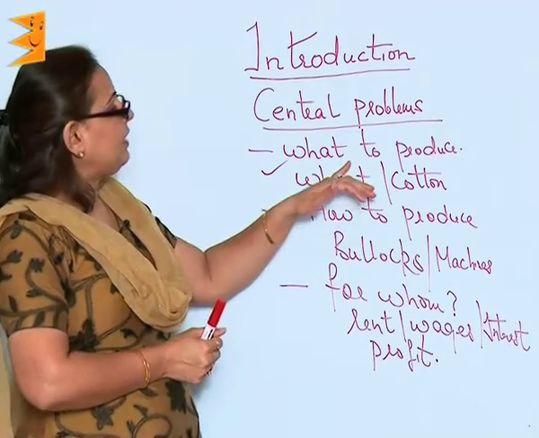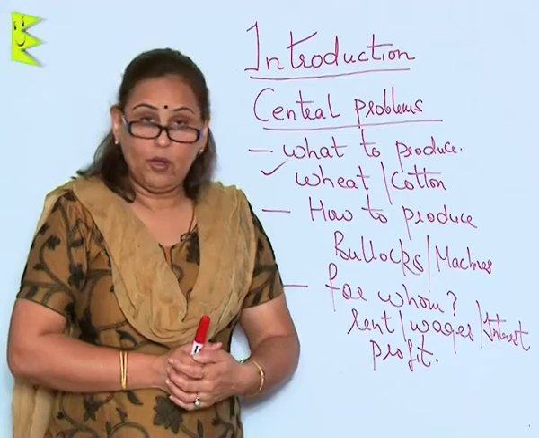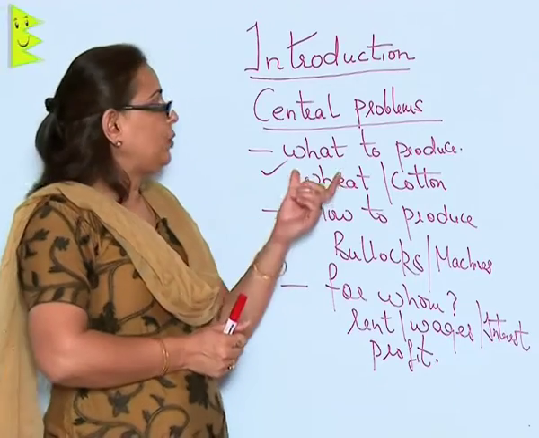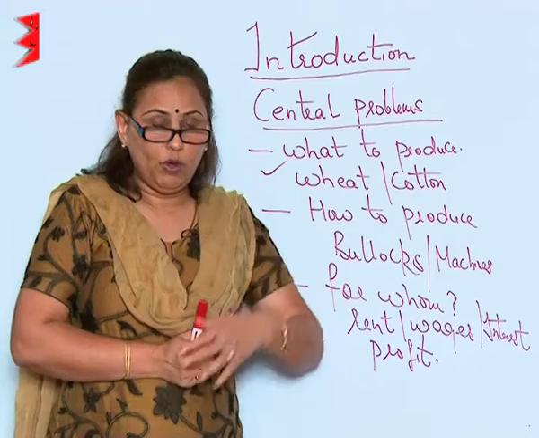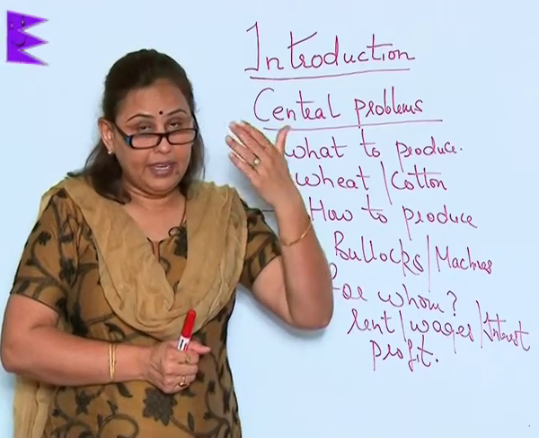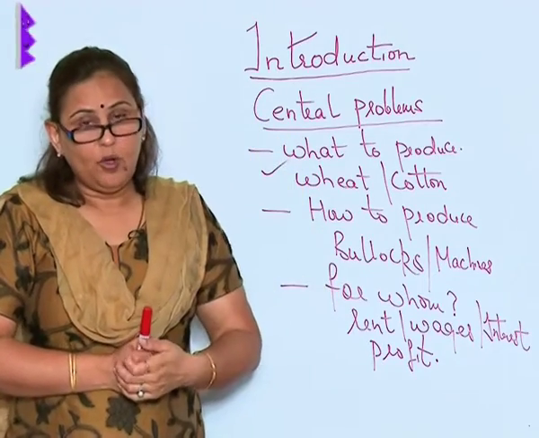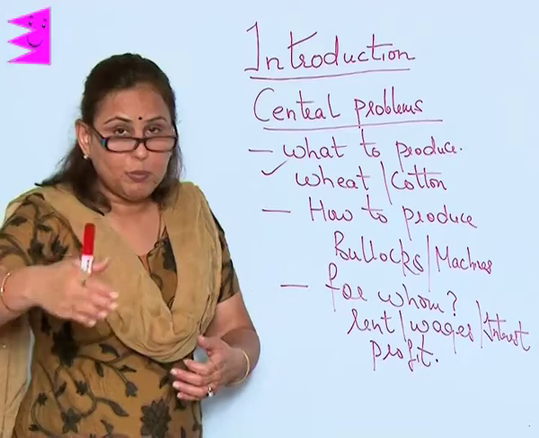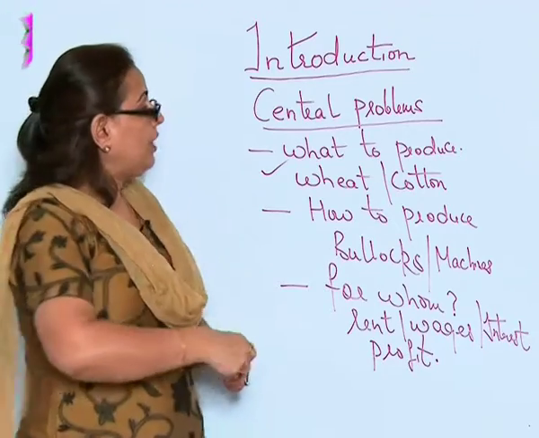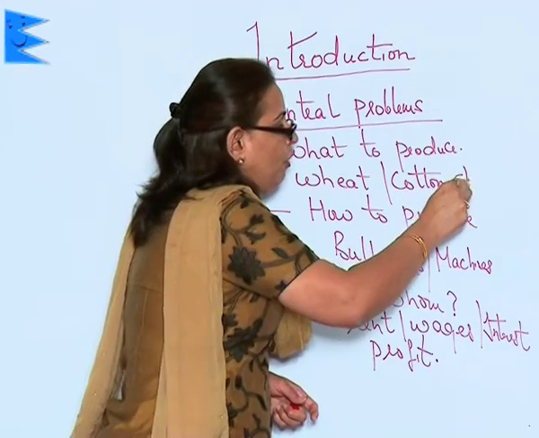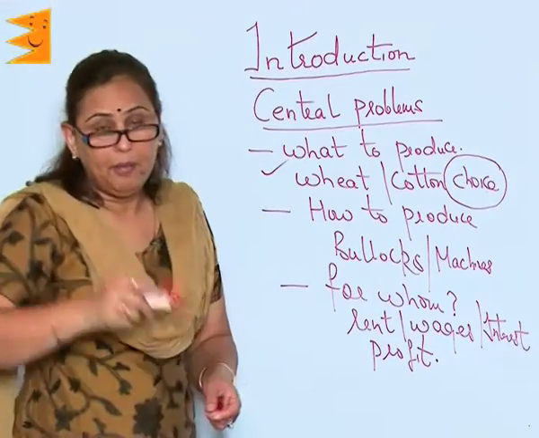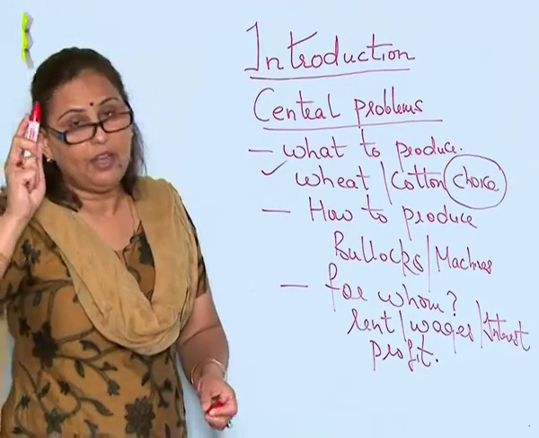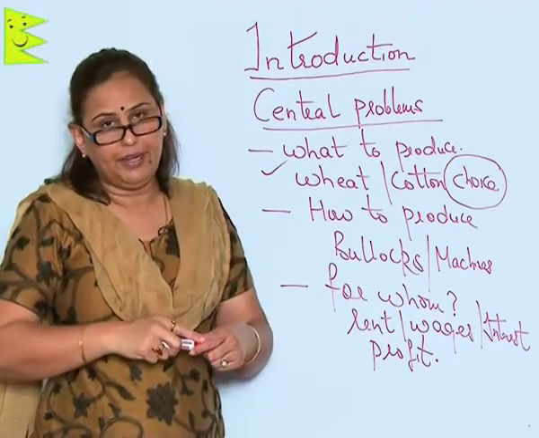Now, as far as a country is concerned, an economy is concerned, it has to decide what to produce: does it want to go for mechanized industries or for small scale industries? So, here lies the problem of choice, and the choice has to be made because the resources are limited.